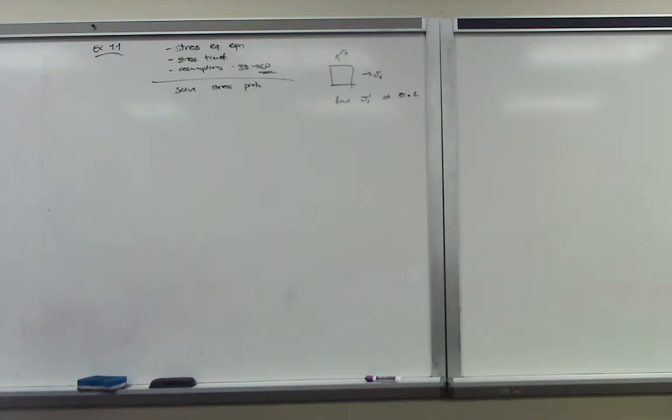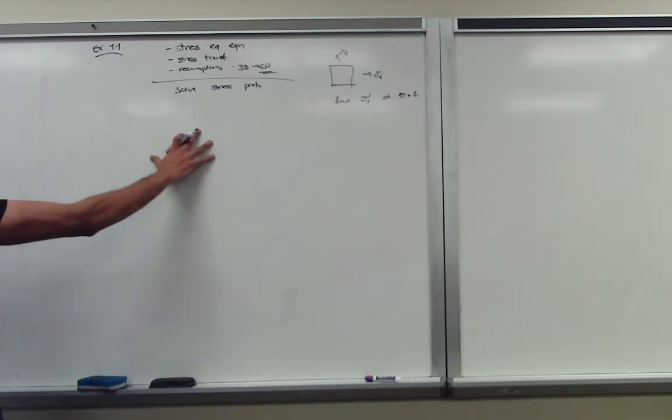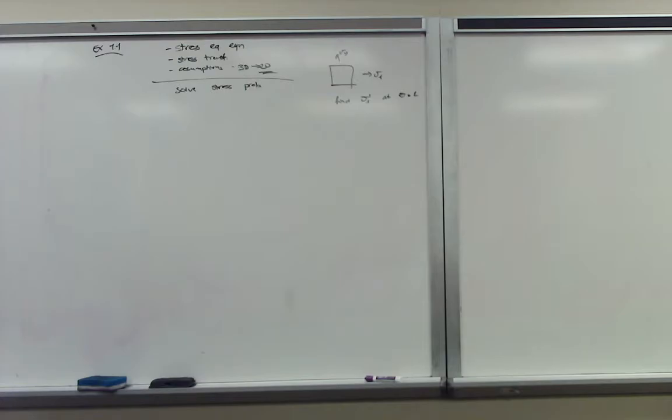The assumption is that there exists a function, phi, that represents my stress and is a solution to it. Then the question becomes, what's our function phi? I don't know it yet, but based on the boundary conditions and the stress I've been given, I will come up with a function that satisfies the boundary conditions, and that will be my solution.